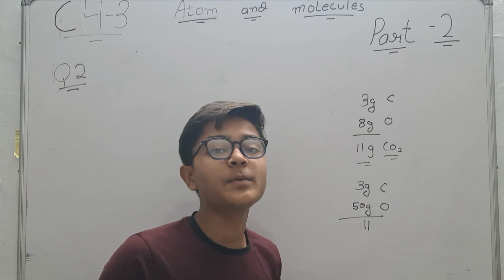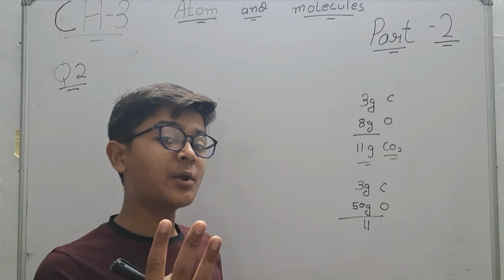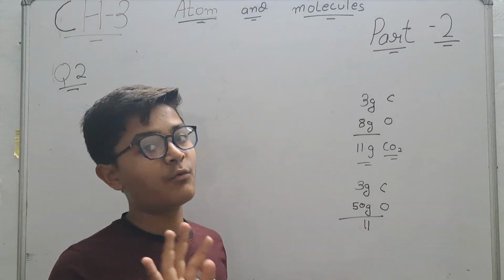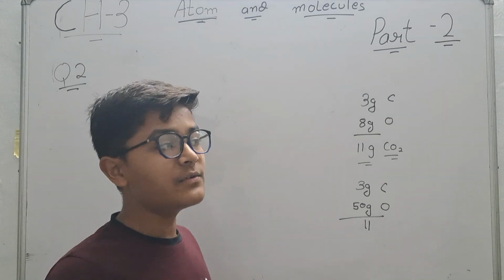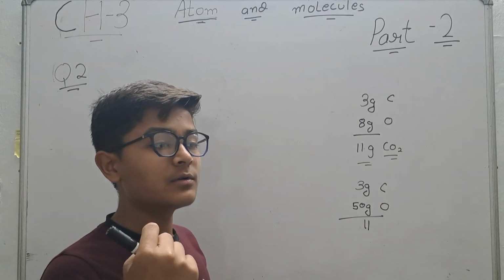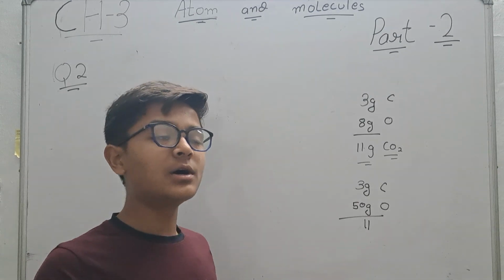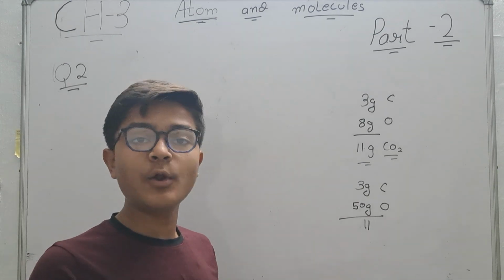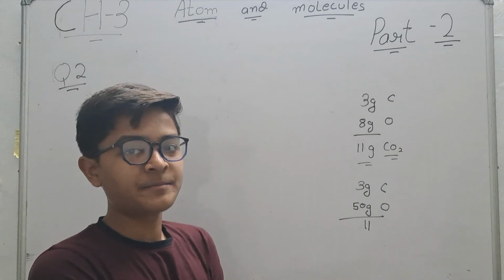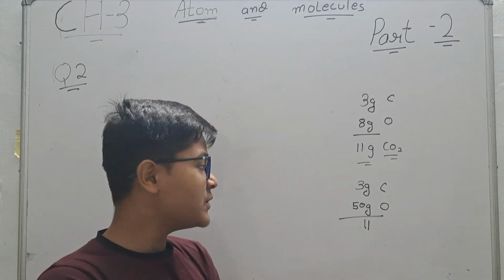If I take 3 hydrogen atoms and 1 oxygen atom, water will not be produced. We all know that. If I take 4 sulfide and 1 oxide, it will not produce sulfate.